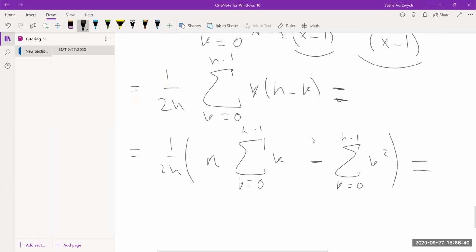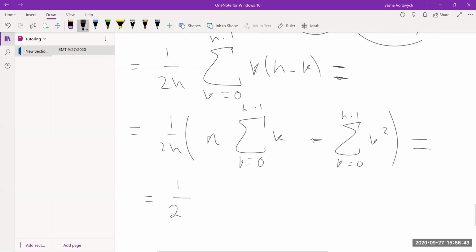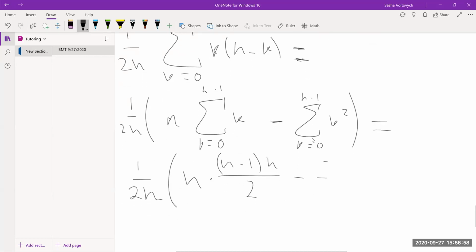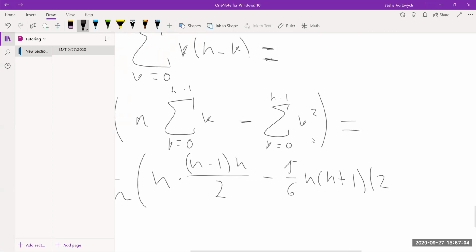So both of these are well known, and these are just equal to n times n minus 1 times n over 2, and minus 1 over 6 n times n plus 1 times n minus 1 times n times 2n minus 1.